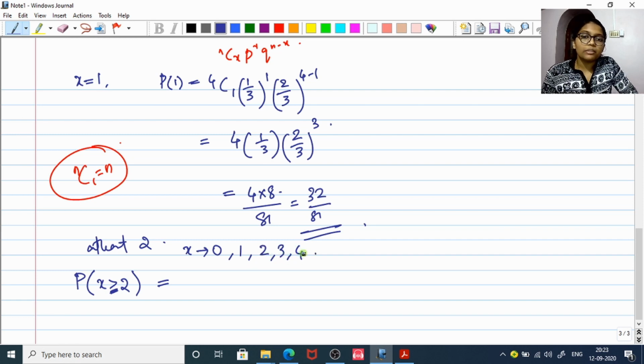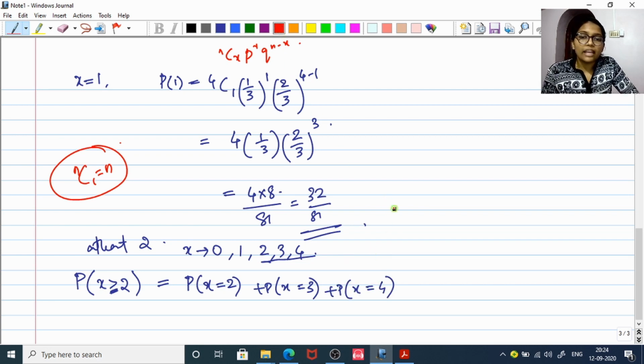X cannot take up the value 5 because there is no 5th building taken by the inspector. So x greater than or equal to 2 means it is 2, 3, 4. P of x equal to 2 plus P of x equal to 3 plus P of x equal to 4.